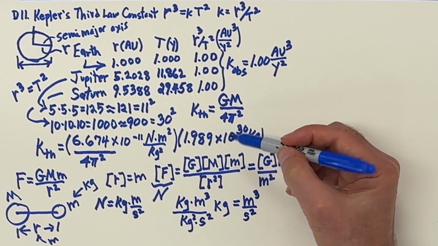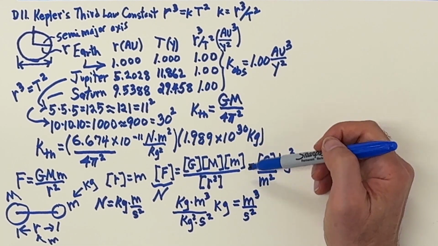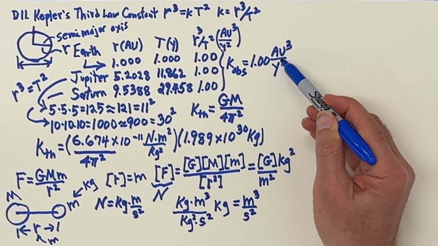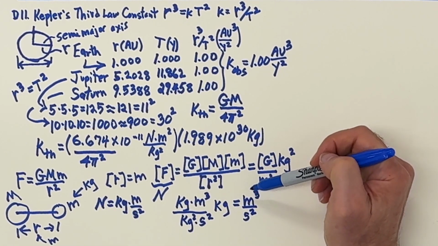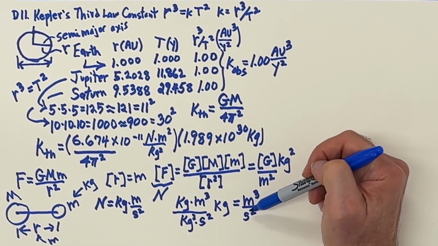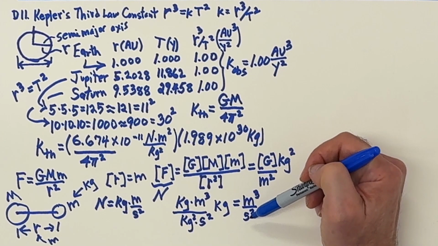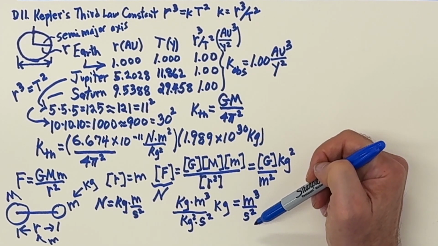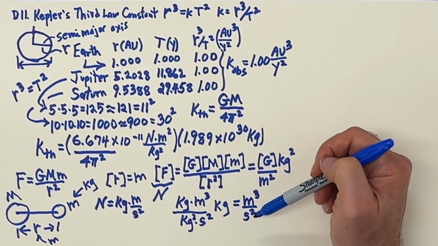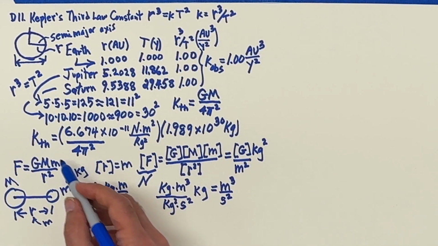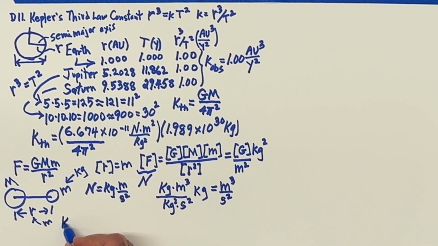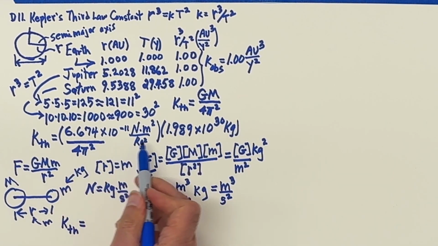The only problem is I want to get this expressed in terms of astronomical units instead of meters, and I want to get the time for unit in years rather than seconds. So this we can do by converting units. Before we do that, let's write down what our theoretical K value is by using a calculator to work all this out.